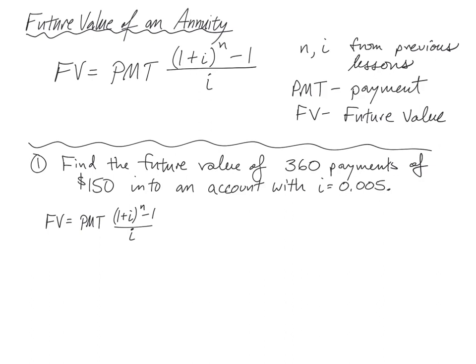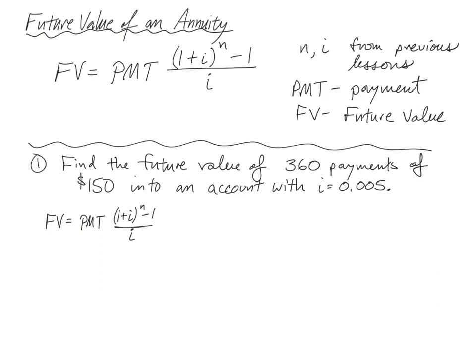The first of which being n and i. n is the total number of compoundings in the time length, and you can figure that out by multiplying the number of compoundings per year times the number of years. i, from a previous lesson, is the interest rate per compounding period.